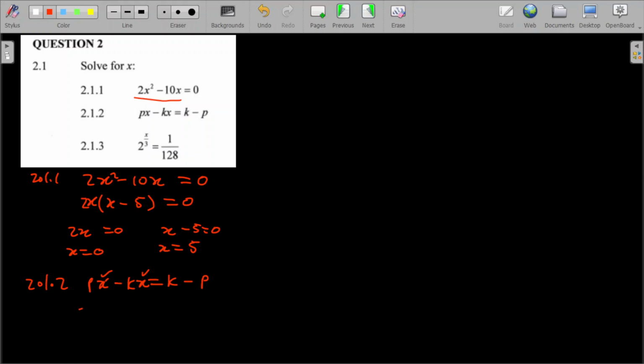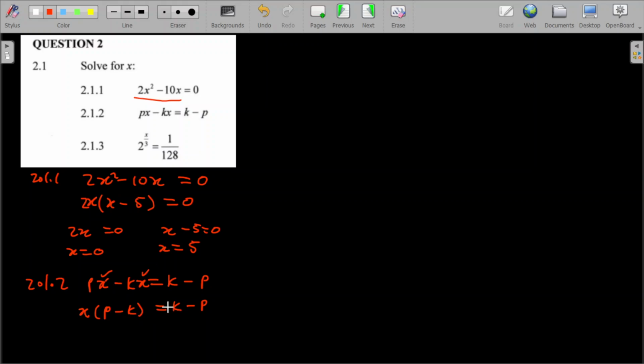So if I take x as a common factor, I'm left with p minus k into k minus p. Now, this more or less looks the same, but they don't look the same, because here we are starting with k and p and k, and this k is positive here, this k is negative here.